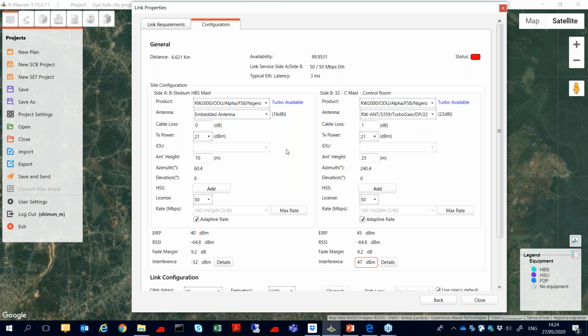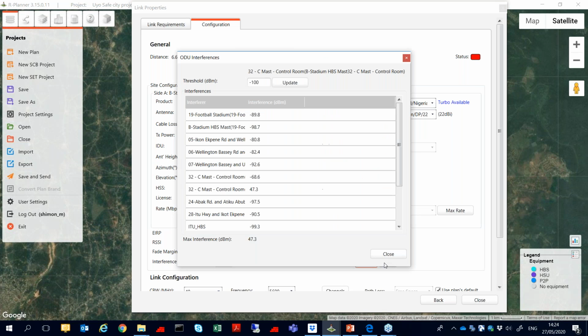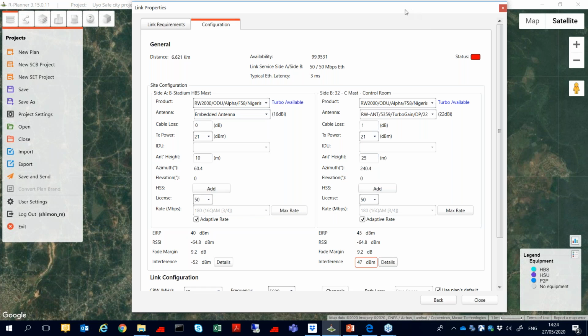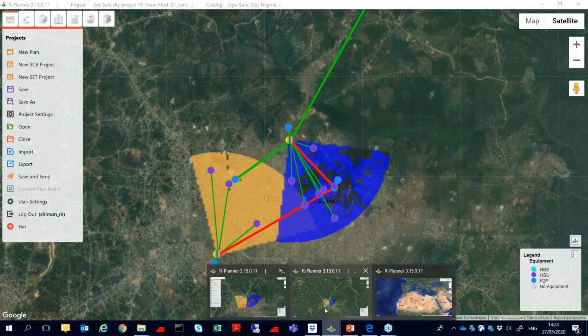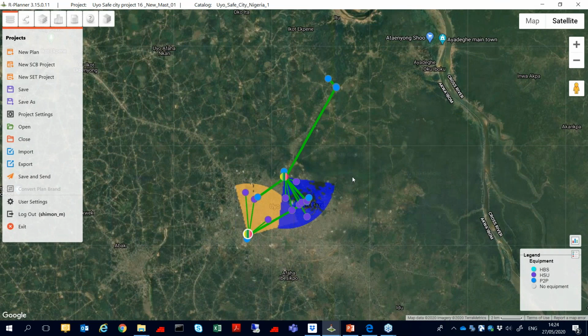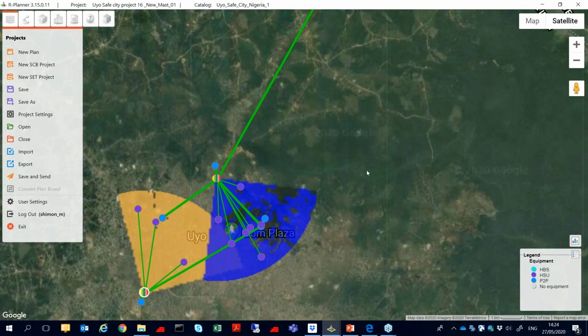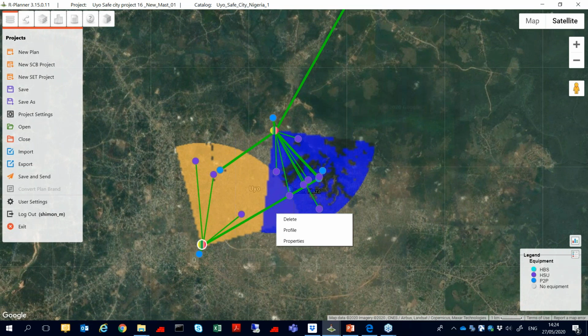The RSS becomes worse, and you can see that there is interference and the level of interference, and you can identify the source of the interference. This is how it's done in RADWIN R planner, and let's look at a different angle where the links are synchronized. You can see the link is synchronization.